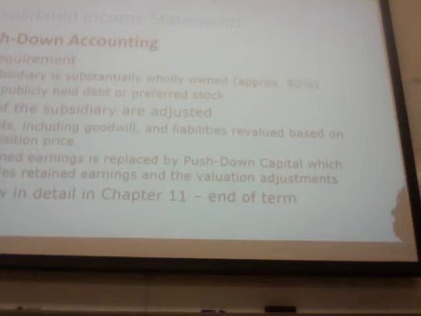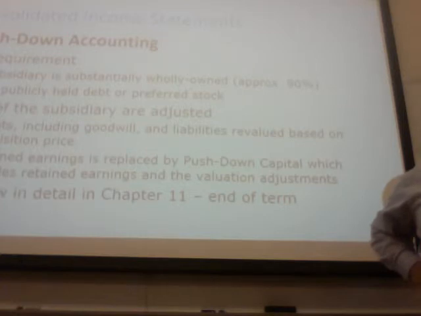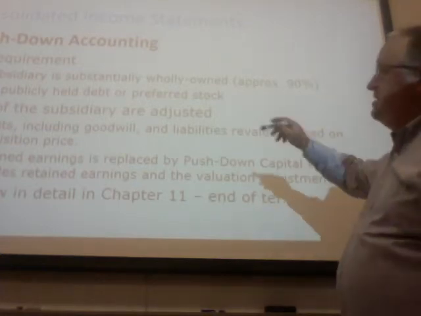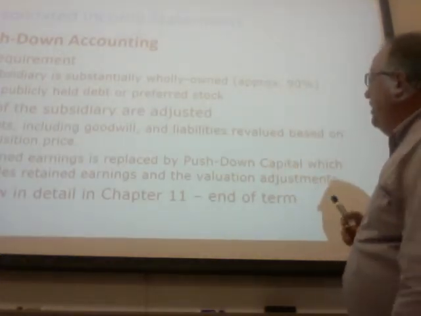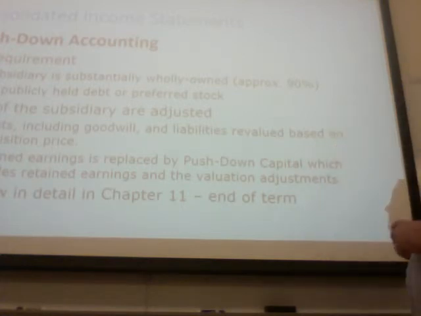I'm going to mention this briefly here because the text mentions it. So those of you that have been diligently reading the text in detail, there is this thing called push-down accounting. We're going to push out push-down accounting to the end of the course. But basically what push-down accounting is, it's a SEC requirement where the subsidiary is substantially wholly owned, approximately 90% or greater.